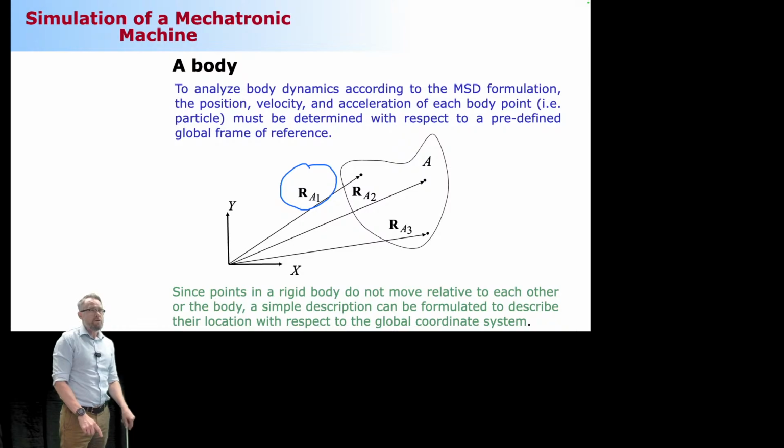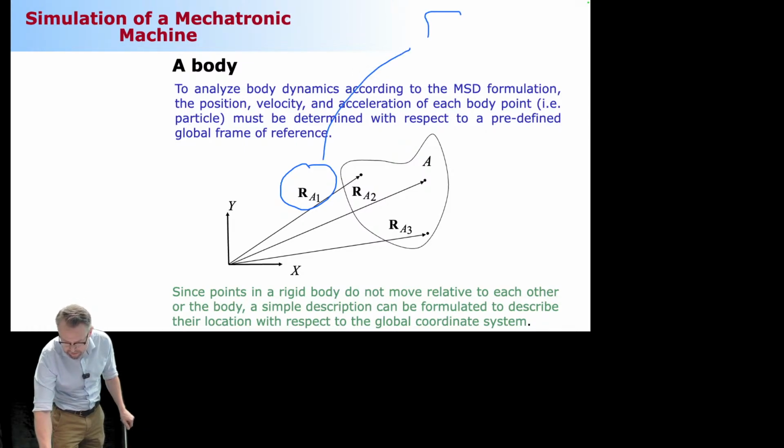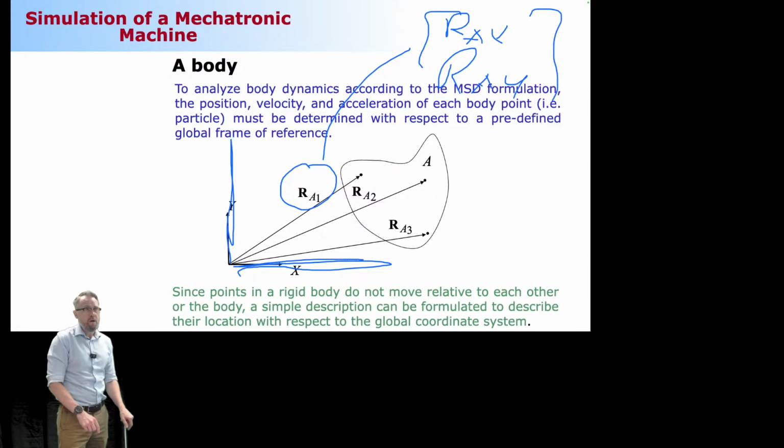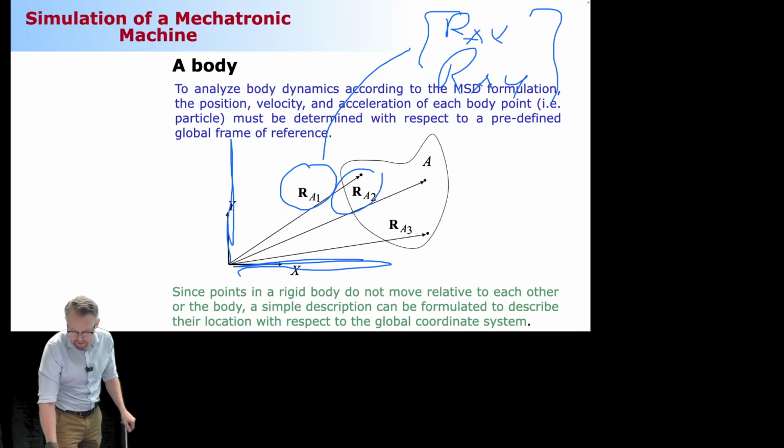Each of these vectors consists of 2 components, because we are looking at a planar case, not the spatial case. These components are R_Ax, sorry about my handwriting, R_Ay, which are projections on the global X and Y coordinate axes. That's what it is. The same number of components applies to this guy and this guy.